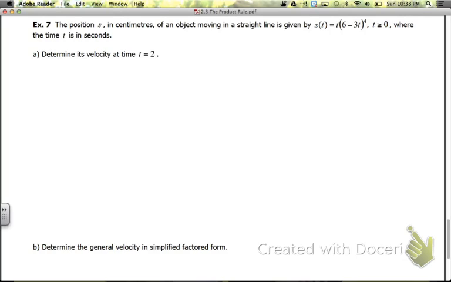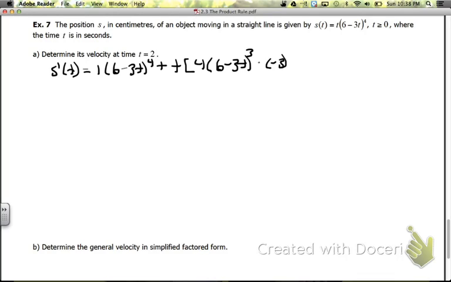First step is find our s prime of t, so our derivative. Again, we're going to have to use our product rule here. So we have this equal to 1 times (6 minus 3t)^4 plus t times 4 times (6 minus 3t)^3 times negative 3.